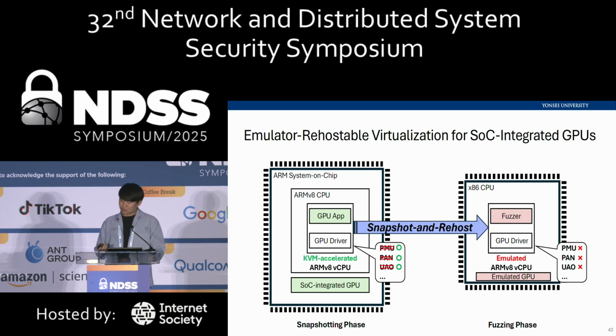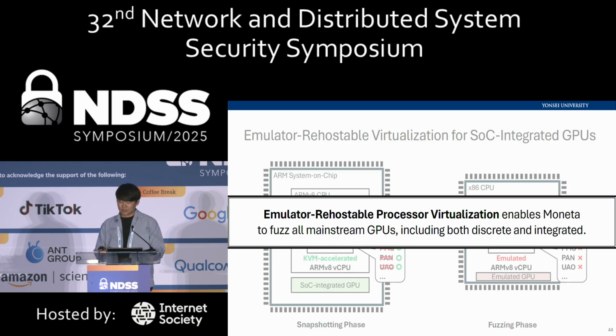So what we did was to disable these unmatching guest CPU features at the hypervisor level, and this allowed the vCPUs in both states to contain the same CPU features and made it possible to rehost the KVM-enabled virtual machine onto an x86 machine with an emulated ARM CPU. And this technique allowed Moneta to fuzz all mainstream GPUs, including both discrete and integrated GPUs.